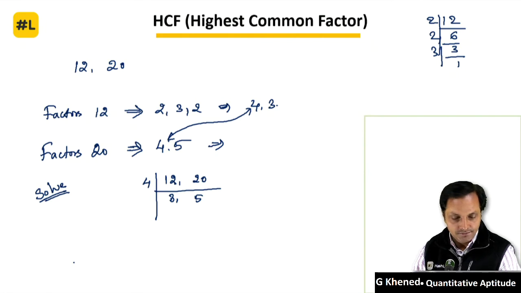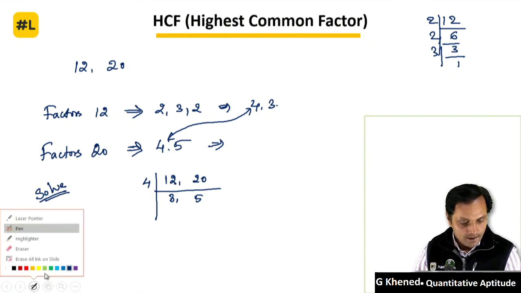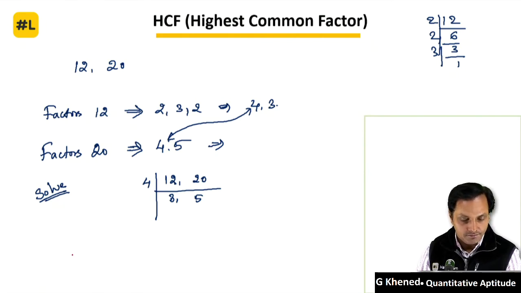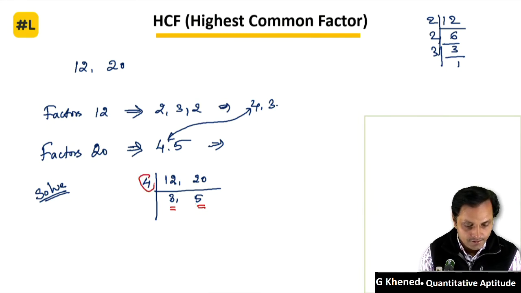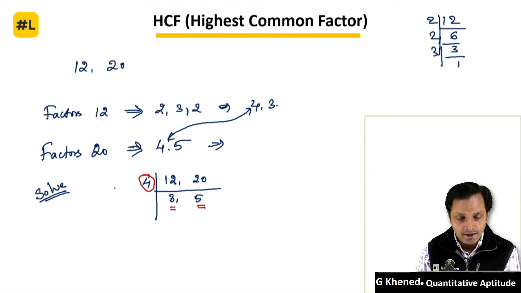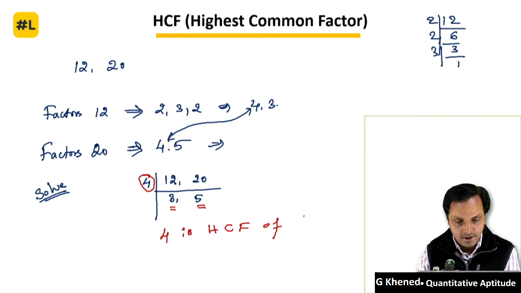And this number, is it possible to divide again? See here, 3 and 5, you cannot divide those numbers. Therefore, 4 is the one which is the highest common factor. So 4 is HCF of 12 and 20.